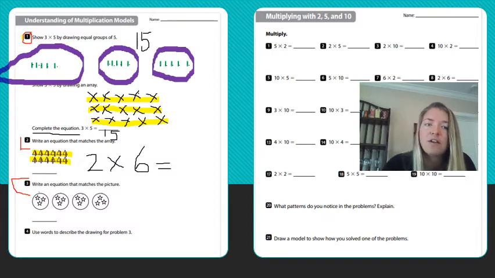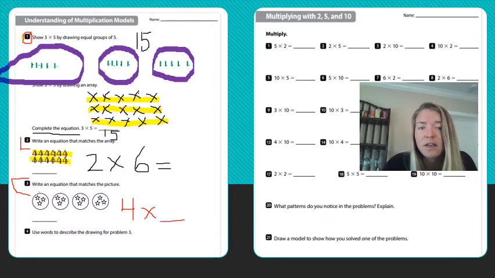And then you need to count how many stars are in each group to make your equation. So we know that the first part of this equation will be 4 to represent those 4 circles times the number of stars that you see, and then when you count up all of those stars, that's going to get you your total. You're going to go ahead and finish that equation on your own as well.